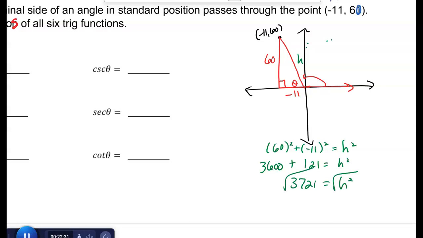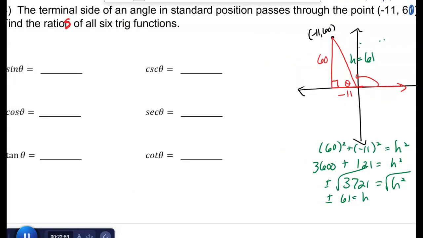You take the square root, plus or minus, and this ends up being 61, which no one in their right mind has the square root of 3,721 memorized. Do any of you have that memorized? No, but a triple is a lot easier to memorize: 11, 60, 61. So just know you can get there if you don't know your triples, but you have to know how to use the Pythagorean theorem really, really well.